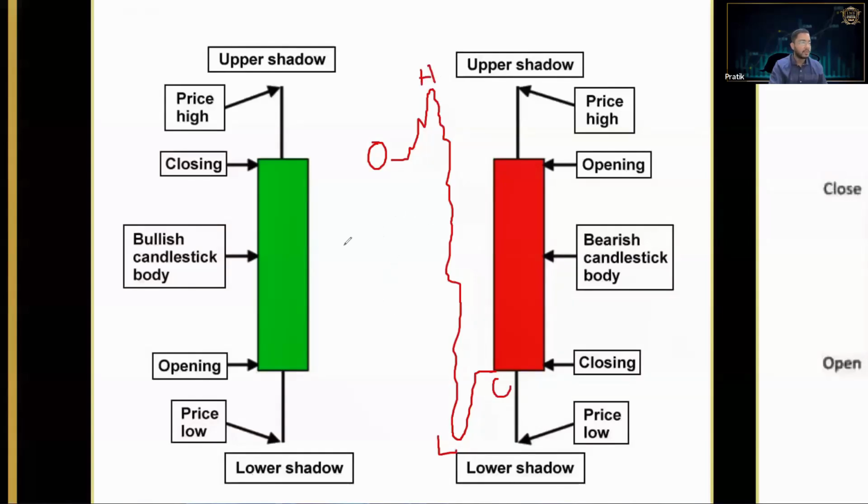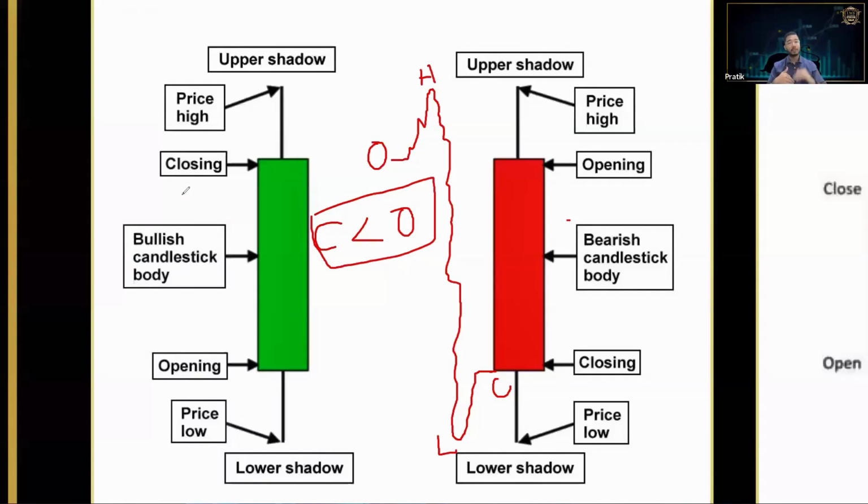Can you now see that the close is lower than the open? So this is called a bearish candle. Clear, everyone? This was a bullish candle. Very easy difference: if the closing price is above the opening price, it's a bullish day.